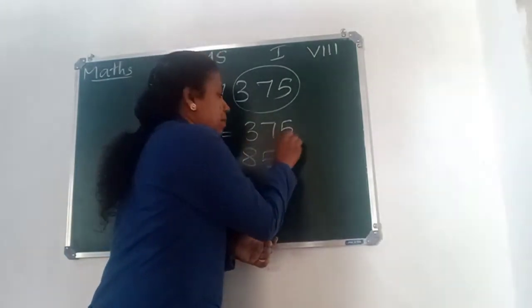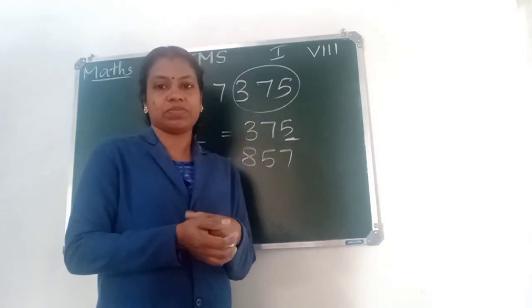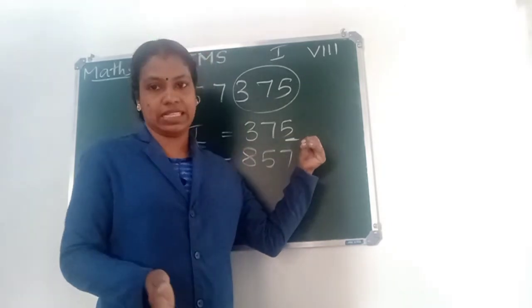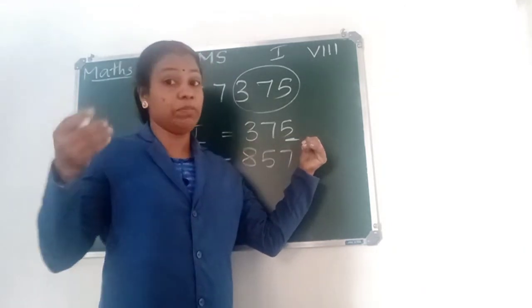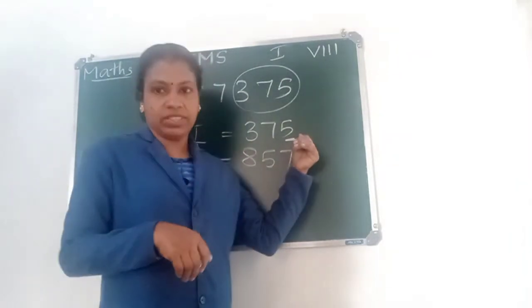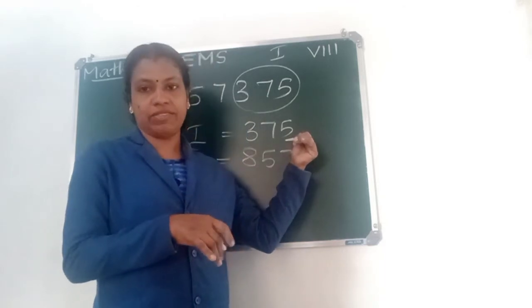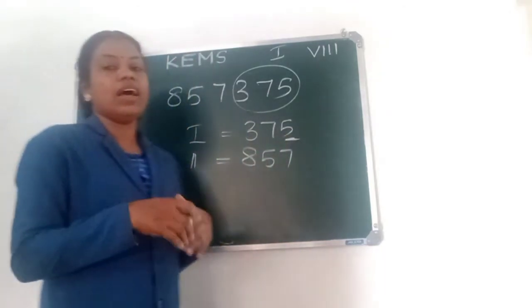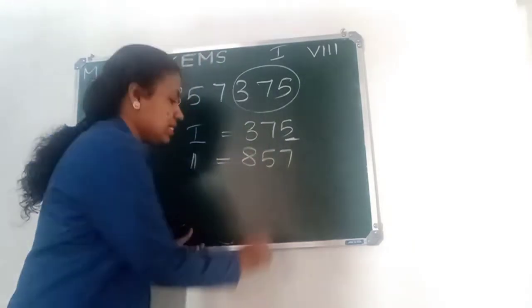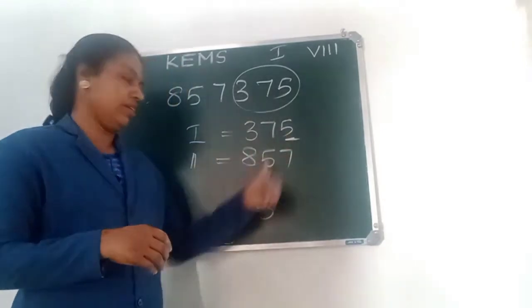Here the number is 5. So the cube root of that number ends with 5 itself. Clear? That is the unit place digit of the required cube root, the ones place digit 5.